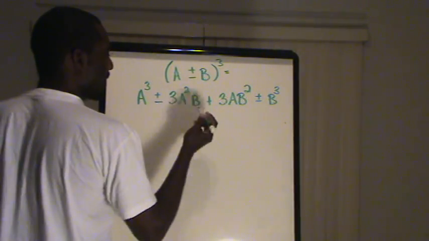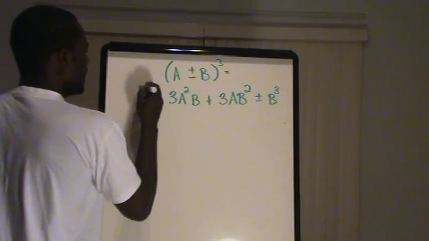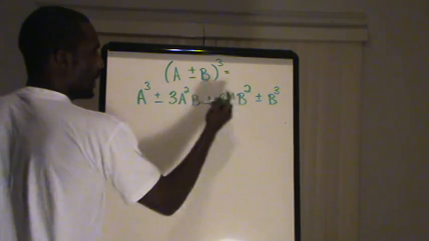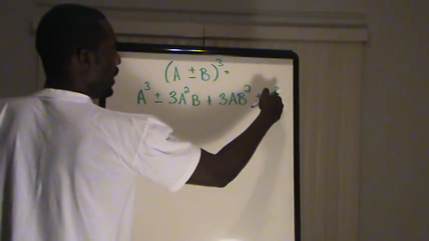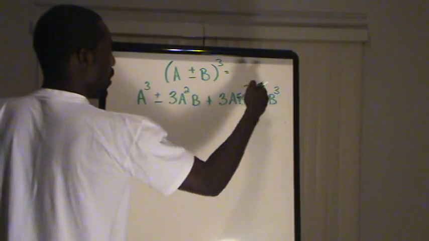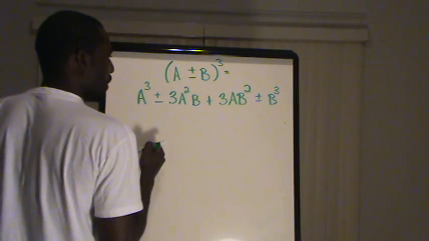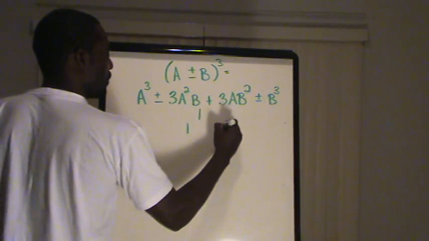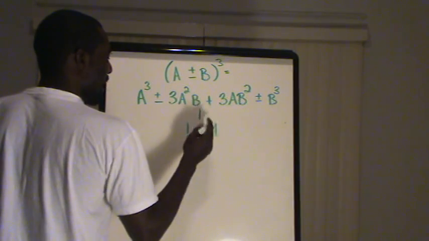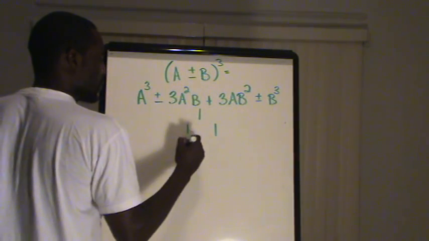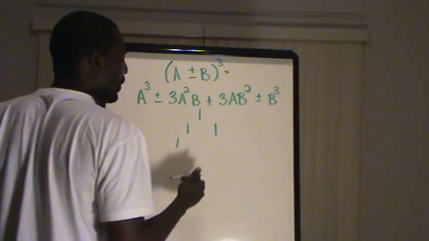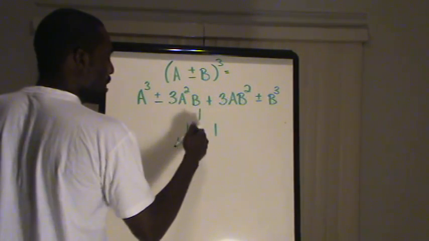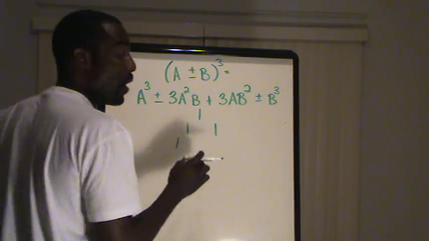I want to throw this out. Maybe you've never seen Pascal's triangle before, but these coefficients, the first term A has a coefficient of 1, the last term B cubed also has a coefficient of 1, and we see 3 as the coefficients here. We get these from Pascal's triangle, which is generated by having 1s along the outskirts of the triangle. The other numbers are generated by adding the 2 previous numbers that the new number falls under.